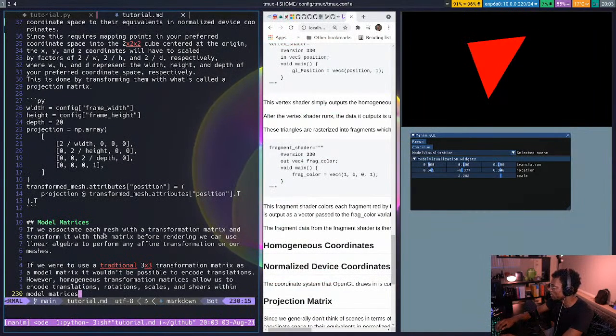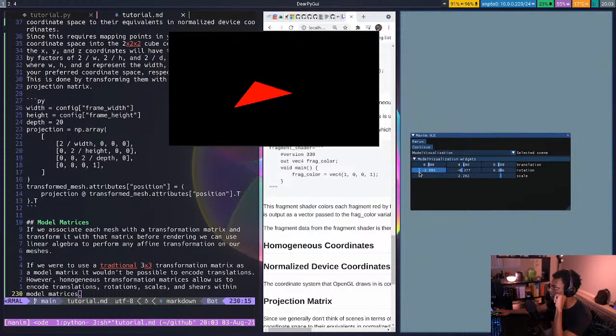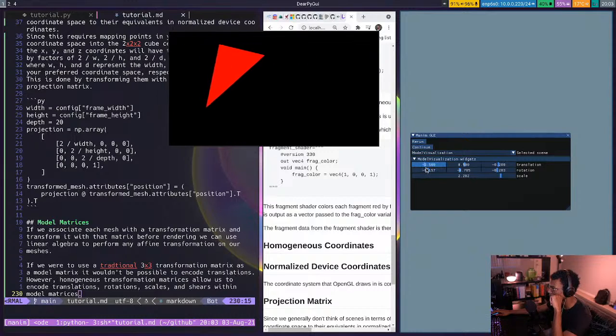Okay, it'd probably be useful to walk through that code, especially to appreciate just how much you can do with a mesh without changing its points.